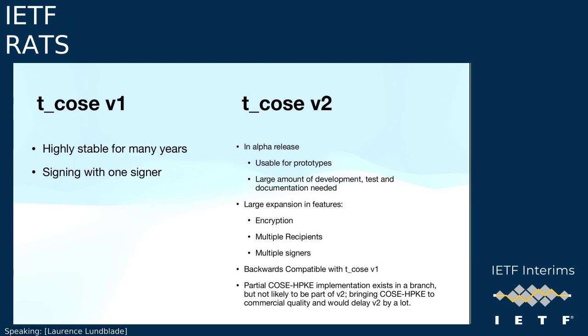It's still an alpha release because there's quite a lot of work to do to get it to be complete and commercial quality. It is backwards compatible with TCOSE v1. I think there's a backwards compatibility mode, but there was such a change that there's a lot there.